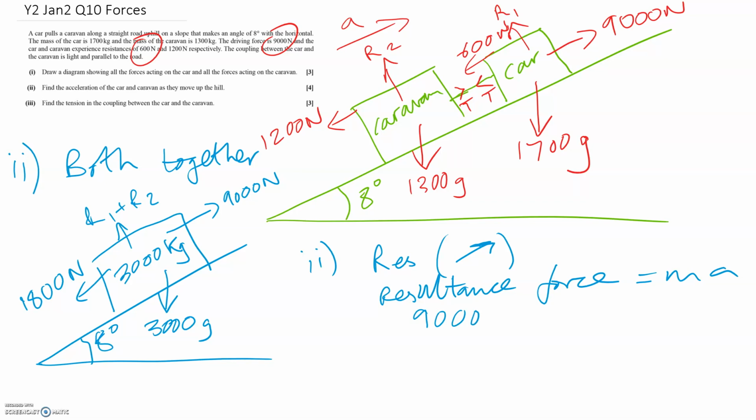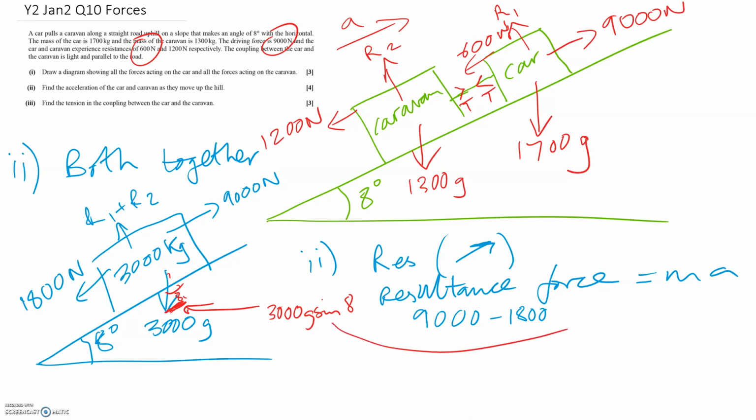Going down the slope, we've got 1,800 newtons is the resistive force going down the slope, but we've also got this component of the weight here. Don't forget this angle is going to be 8 degrees there. So this weight component parallel to the slope is going to be 300 G sine 8.